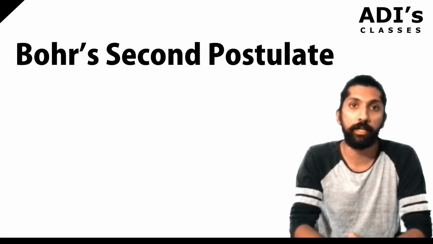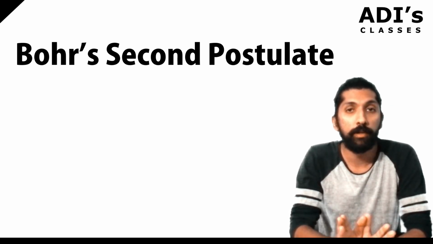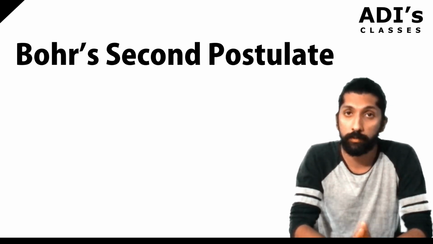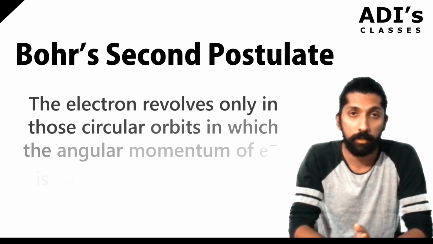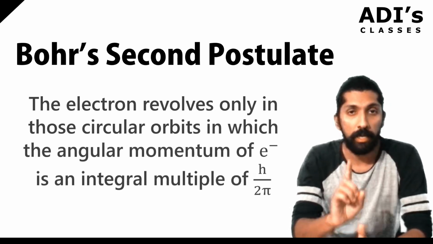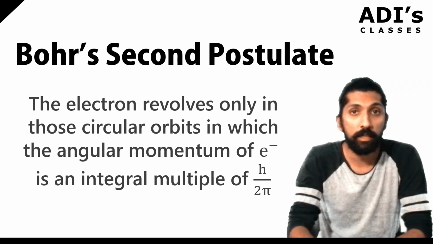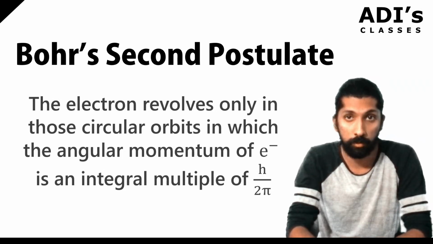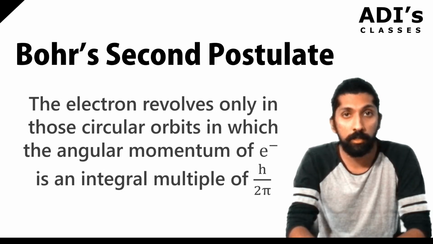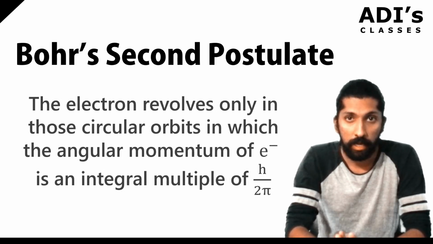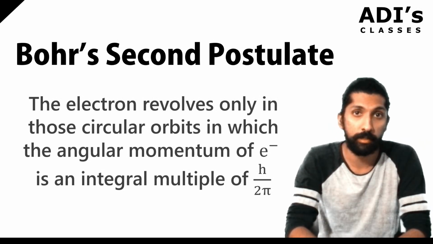The second postulate is very important. The electron can revolve around the nucleus only in those circular orbits in which the angular momentum of the electron is an integral multiple of h by 2 pi, where h is Planck's constant.